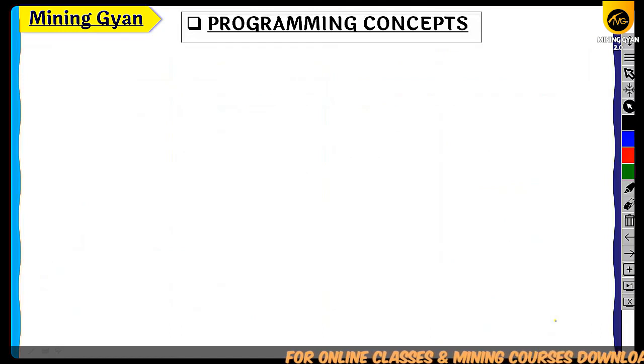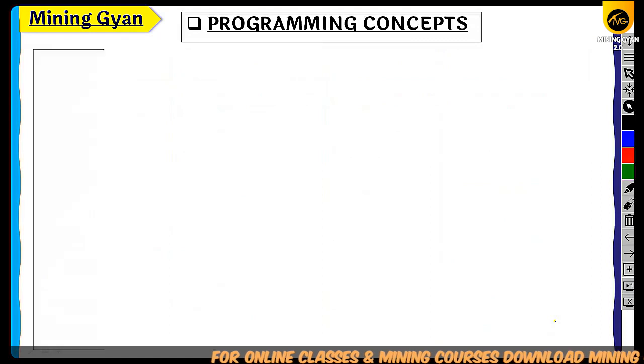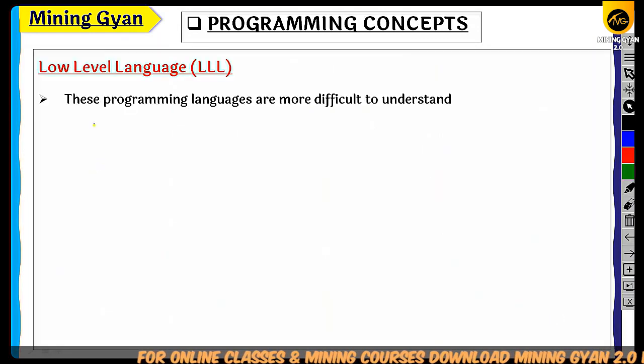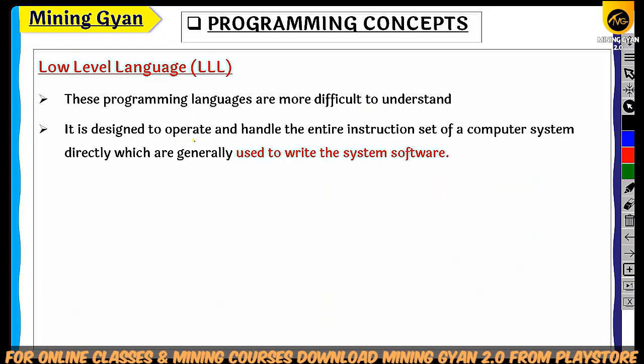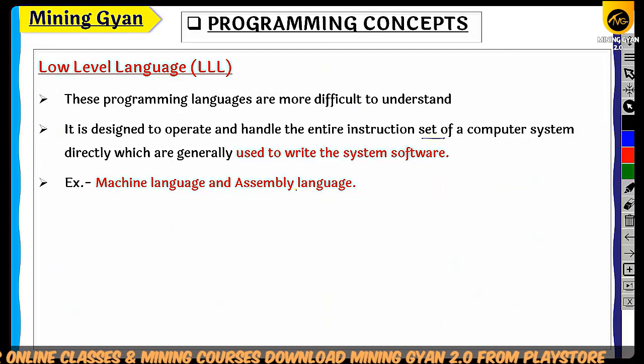They are designed to operate and handle the entire instruction set of a computer system directly, and are generally used to write system software. For example, machine level language and assembly language are the most initially used programming languages, based on the low level language.